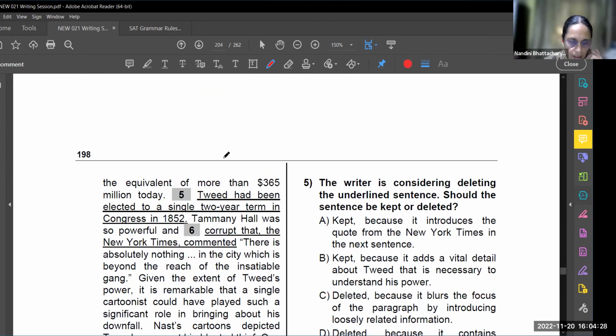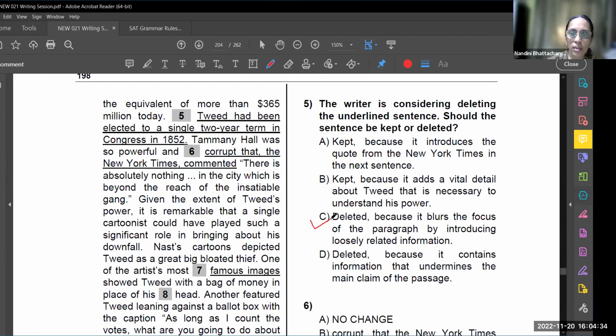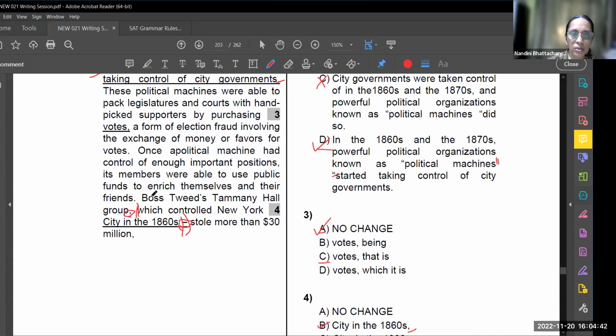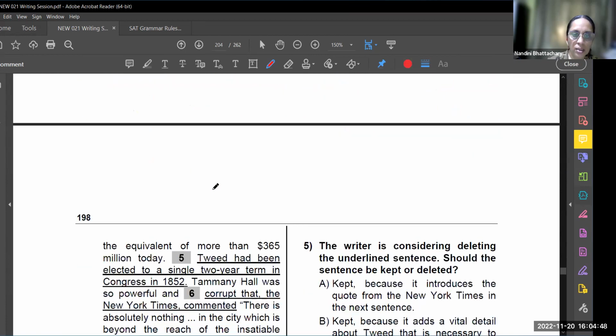Okay, question number 5. C. It should be deleted. Why? Now the rest of the passage or the paragraph is talking about his group which controlled, it's talking about the political organization as such.